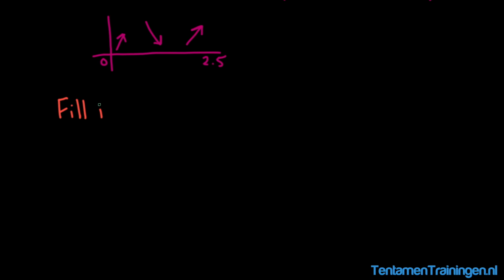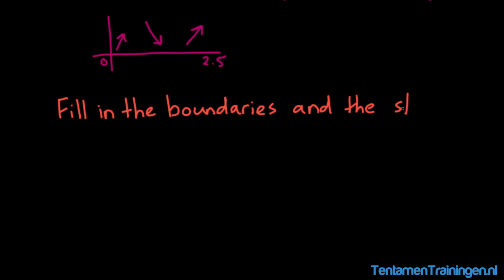Then we fill into the original function the boundaries and the stationary points in order to find the extreme values. So now we have the extreme points. We know the points of interest, namely the boundary points and the stationary points. And we fill these points into the original function to find the extreme values.